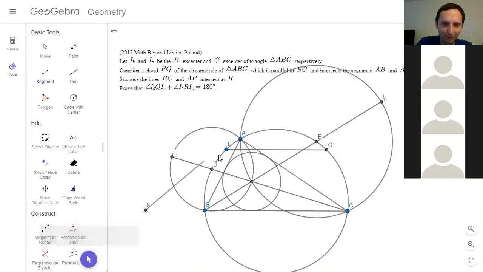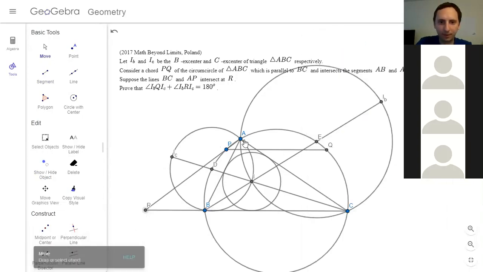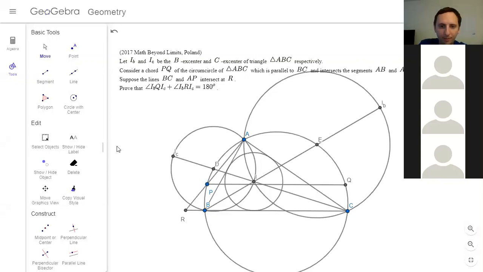Now, hopefully that will help. All right. So if I move, maybe that looks a little bit better. Yeah, this is really random.